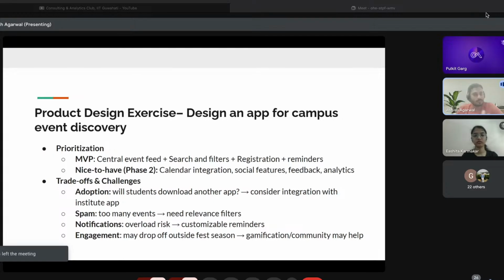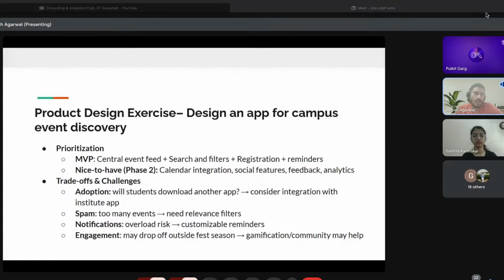So if I have to prioritize, I'll simply prioritize central event feed, search and filters, registrations, and reminders. A few of the features I'll keep for phase 2 basis the response I get. It might so happen that the features users are using might be on different lines from what I have already thought. So then it makes a lot of sense to move on this way.